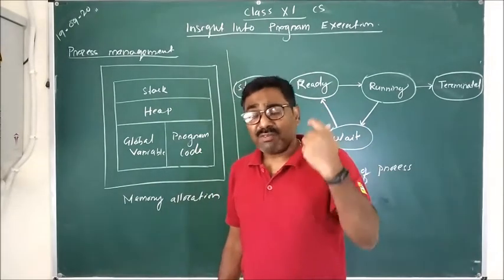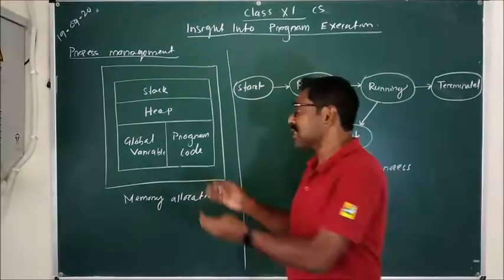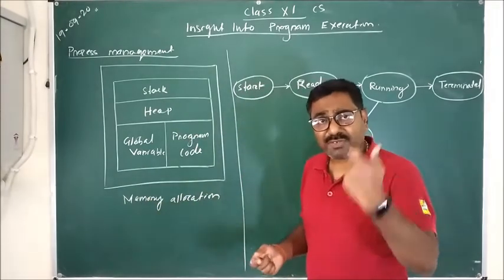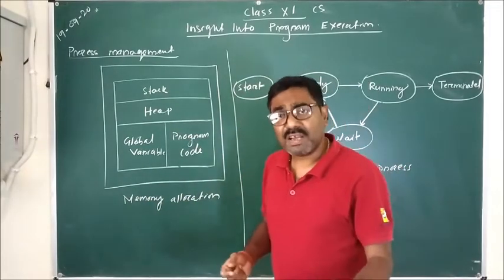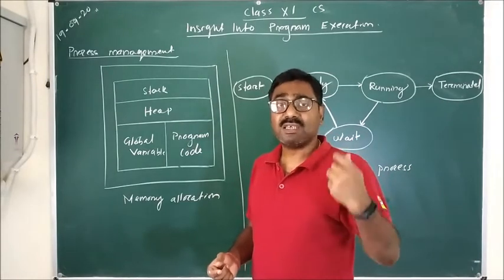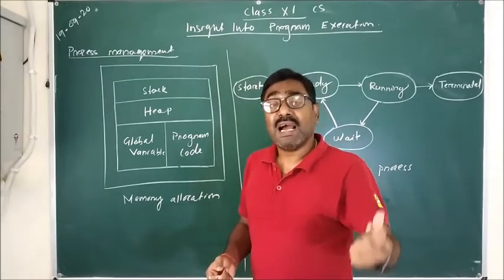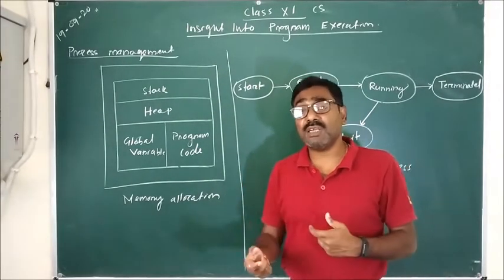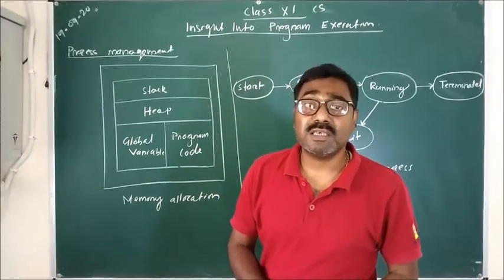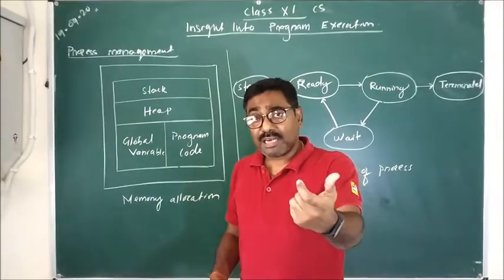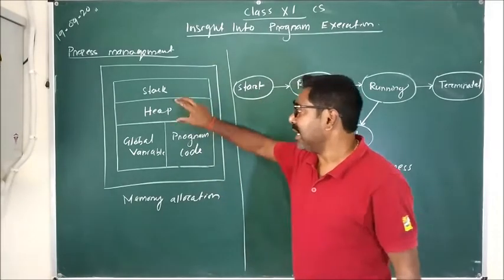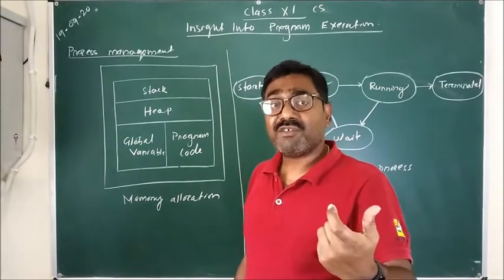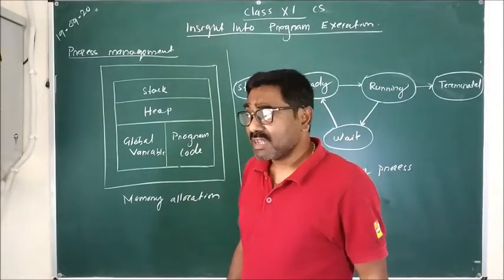When we are writing a program, we use some variables or values at the time of writing, and some values are given after the program is executed. At the time when that value is given, it must be stored in memory, and that kind of memory allocation is known as dynamic memory allocation. So this area, the heap, is reserved for dynamic allocation.